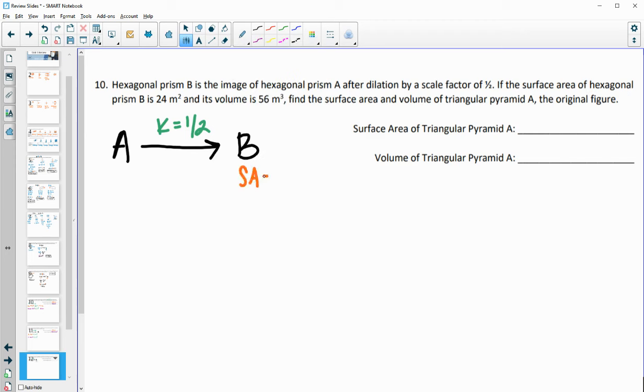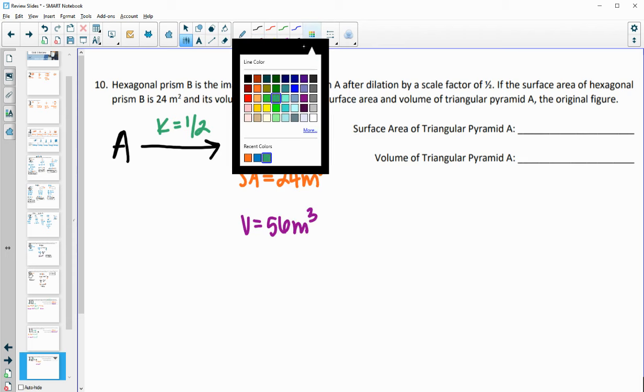Okay, so the surface area here is 24 meters squared. And the volume of shape B is 56 meters cubed. What is the surface area and volume of the original shape?